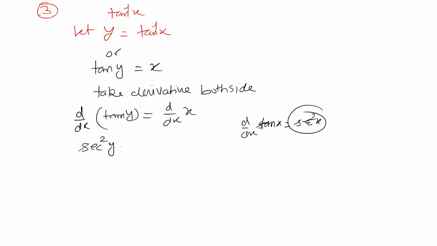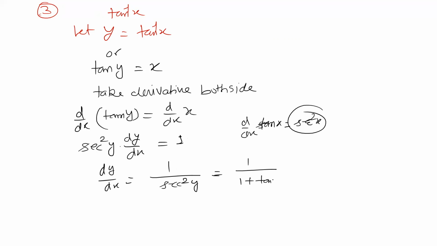We are applying the chain rule. The function here is y, so the derivative of y is dy by dx, equal to 1. Then dy by dx you will get 1 by sec square y. Understood?